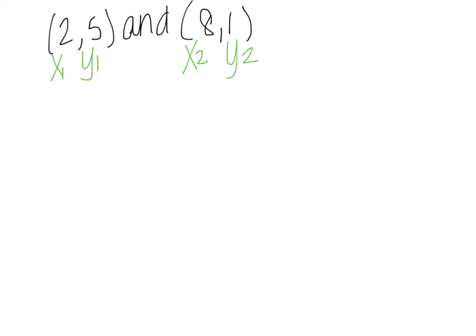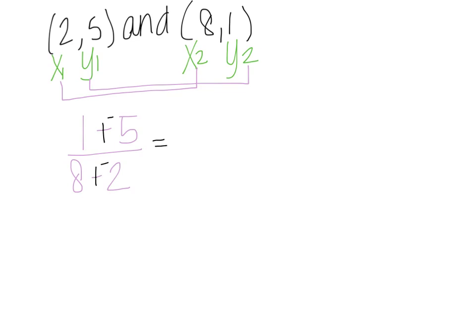Now I just want to plug this all in. So I'm going to do y2 minus y1, so 1 minus 5 over x2 minus x1. So 8 minus 2. I'm going to turn them all into addition. So go ahead and solve now, and then compare your answer to mine once you've finished.